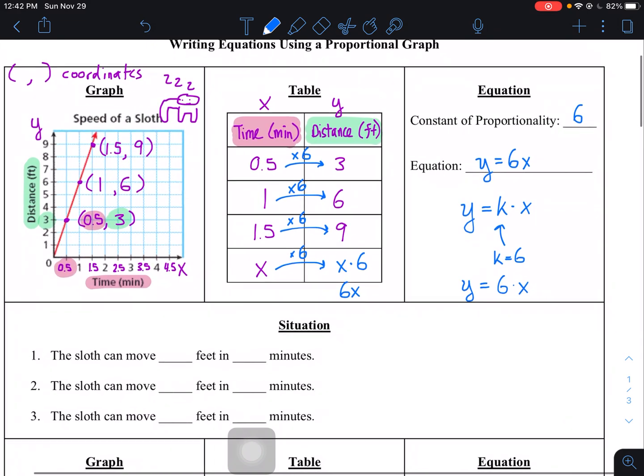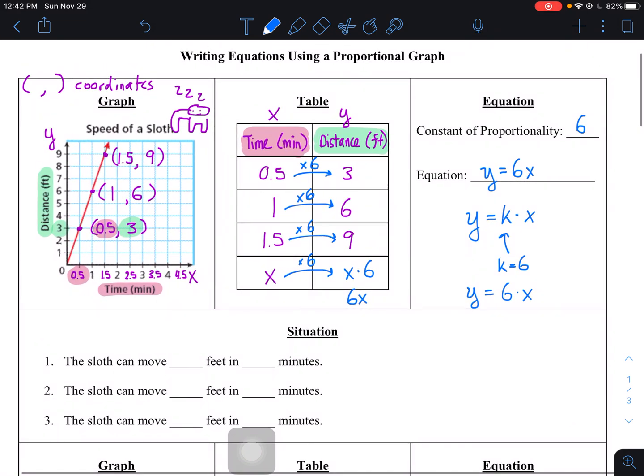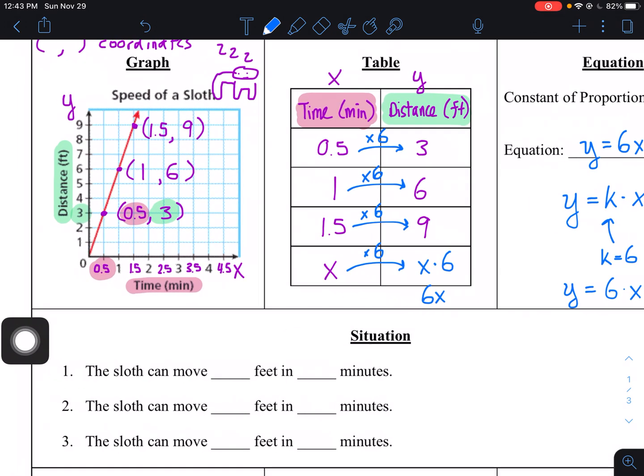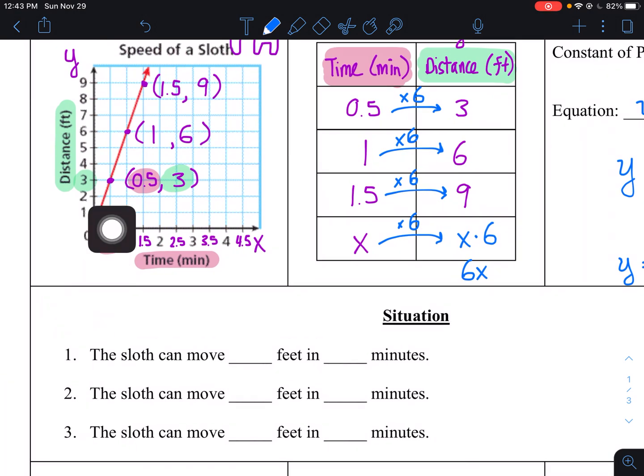The last piece of information is our situation. The sloth can move feet in minutes. Let's look at our first point. The sloth moved 3 feet in 0.5 minutes.